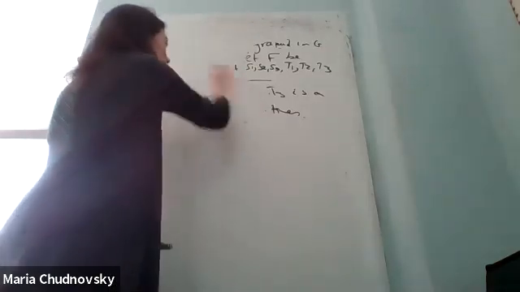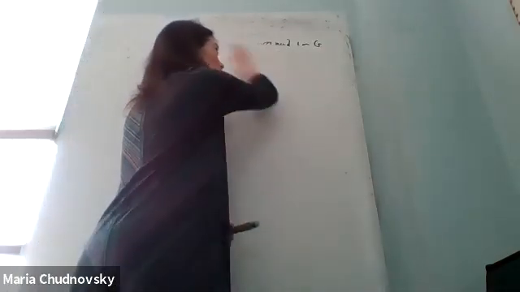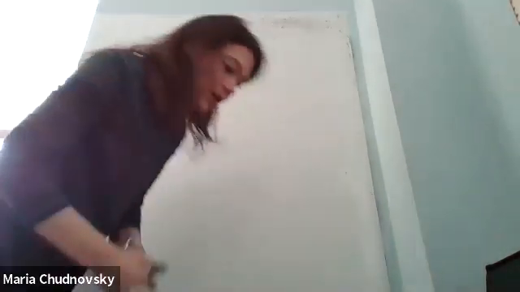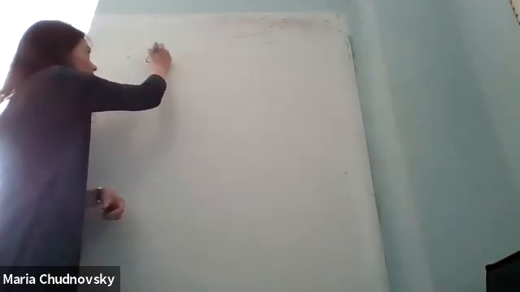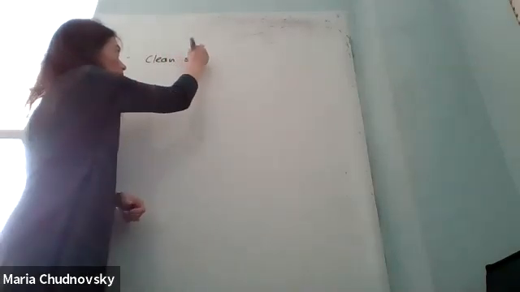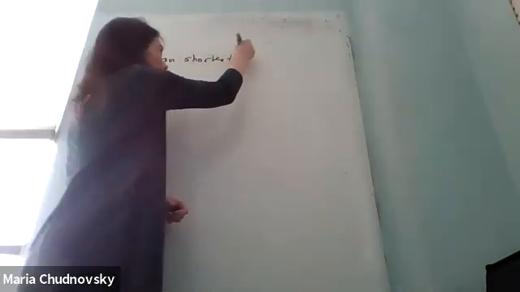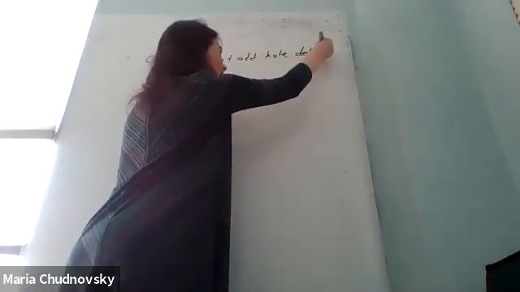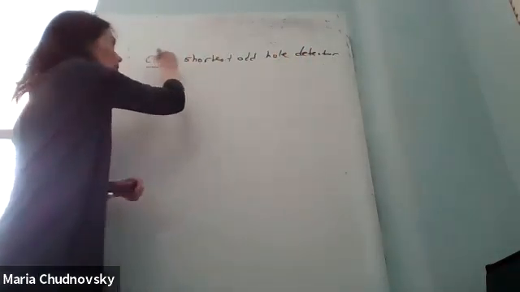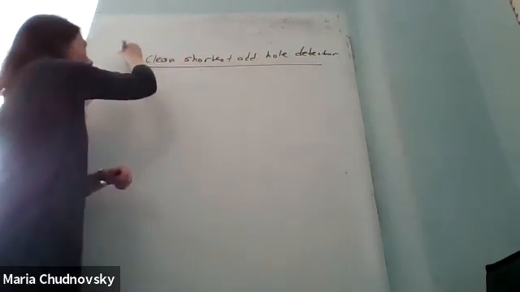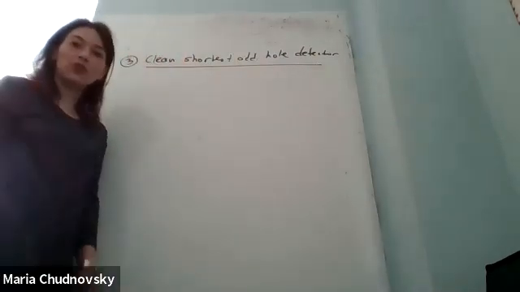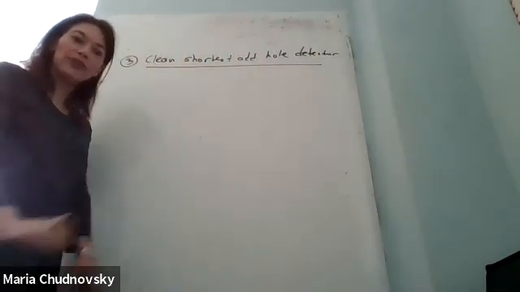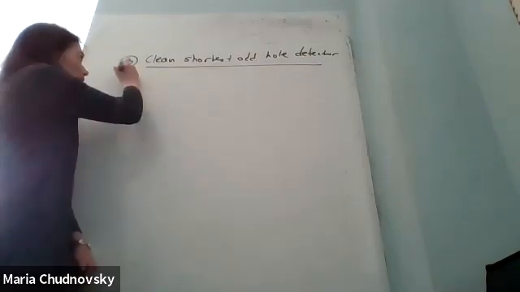Now let's move on to the third step of the algorithm, which is called the clean shortest odd hole detector. I can assume there's no pyramid and no jewel because I've already run the first step.